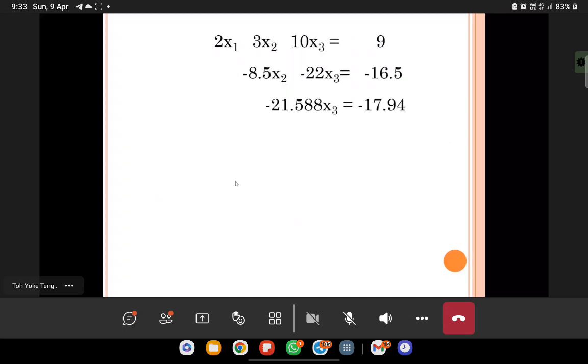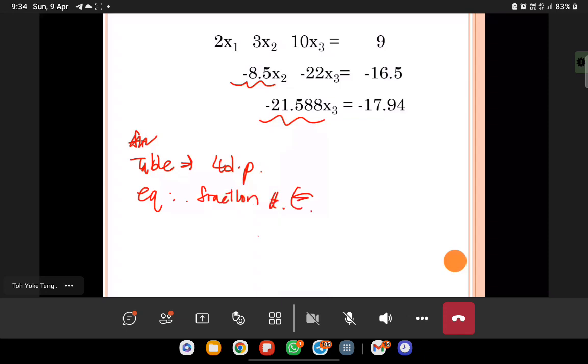Just the same thing as refers to here. Please don't follow the decimal places here, since for the calculations you have to standardize the decimal places. Let's say the question didn't mention it. Something I want to share with you: for the table, I prefer to use 4 decimal places. For the equation, if you are able to write it in fractions, you just follow it.